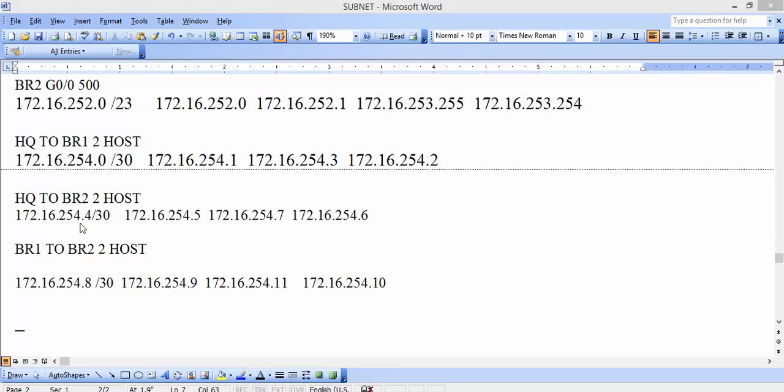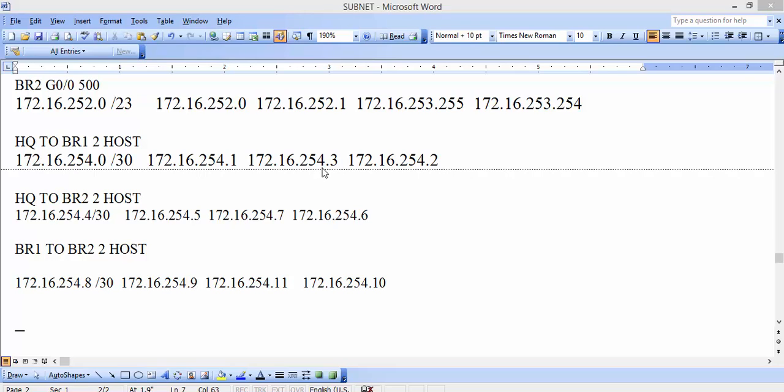Now, using the same formula, we found out that these are the subnet and host range for HQ to branch 1, which is two hosts. The subnet is 254.0, and 254.1 is the first host address.